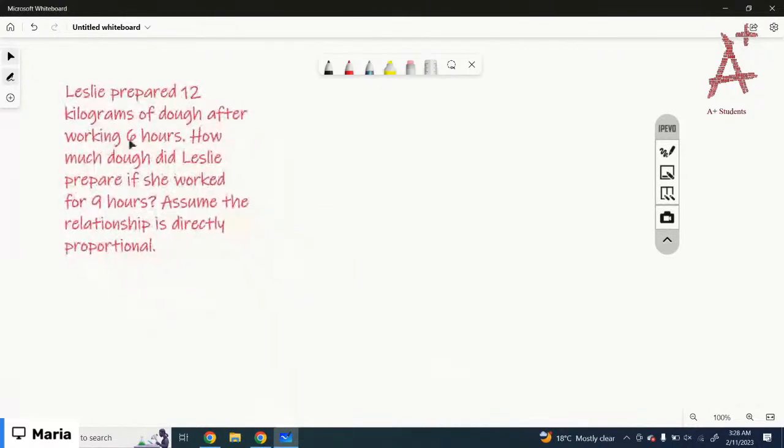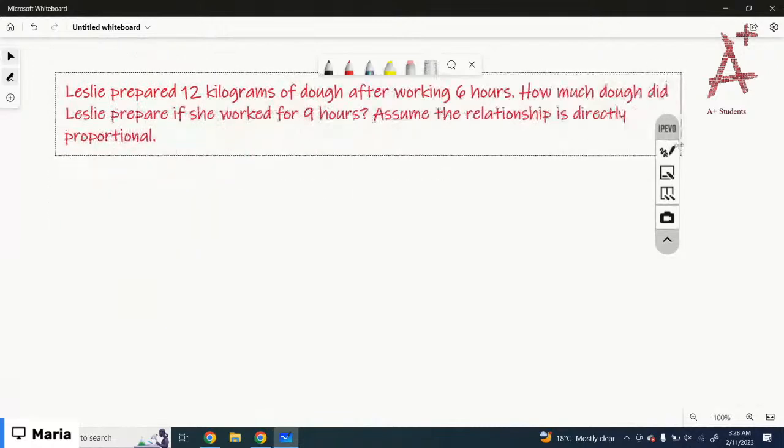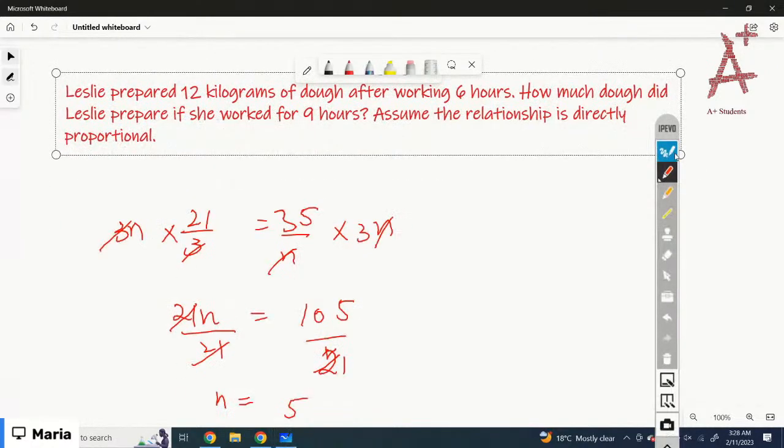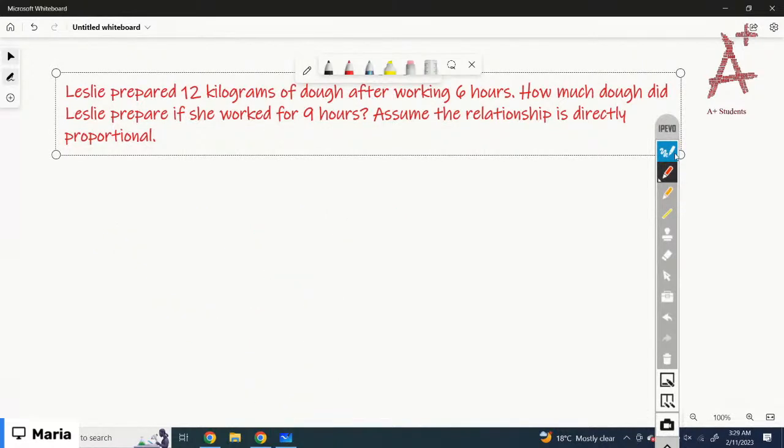Leslie prepared 12 kilograms of dough after 6 hours. How much dough did Leslie prepare if she worked for 9 hours? Got it? So it would be 12 over 6, and n over 9 because you are given 9 hours.